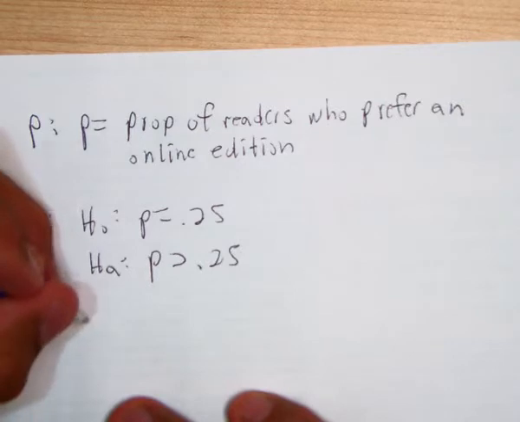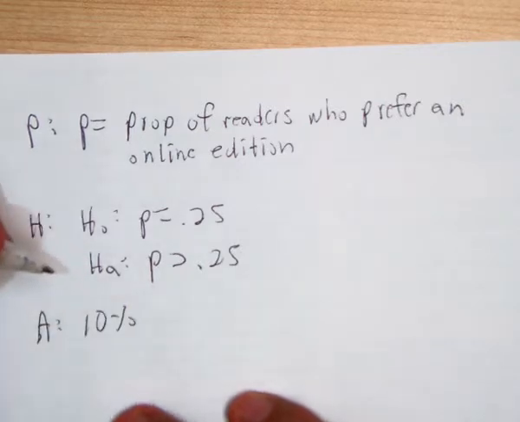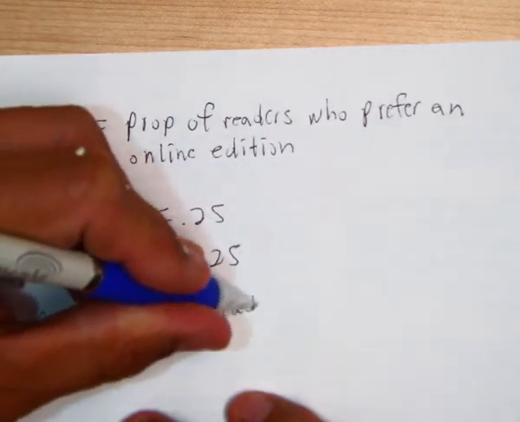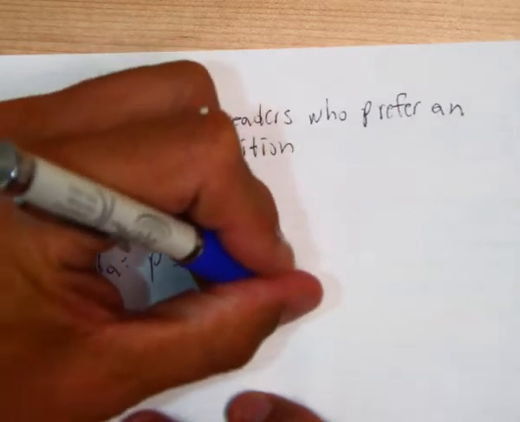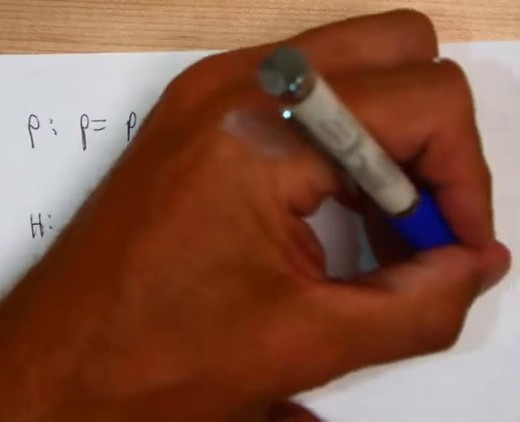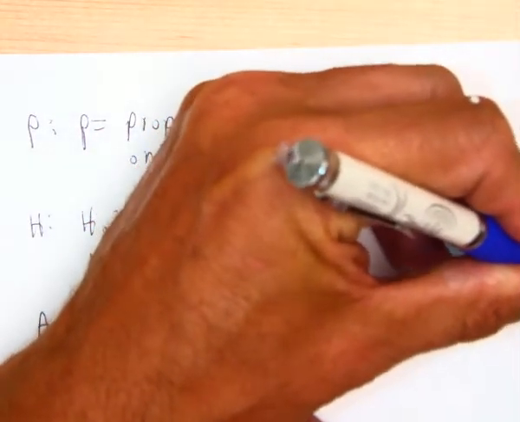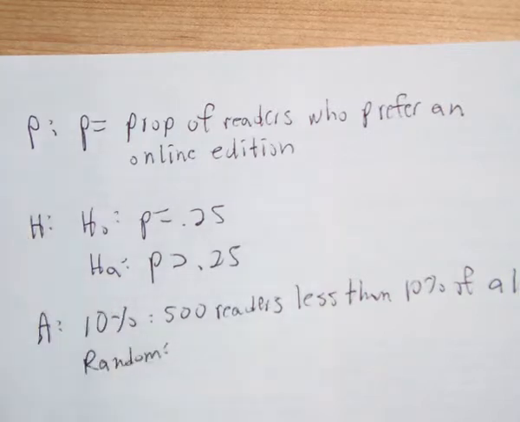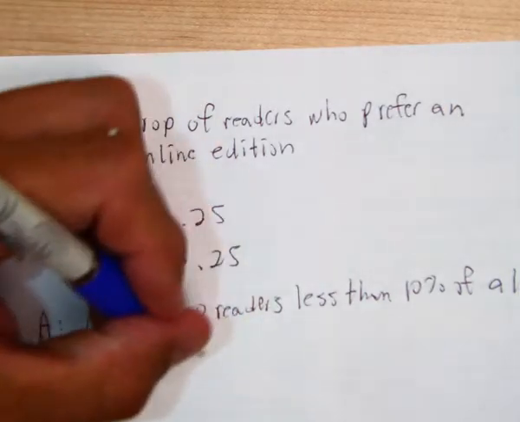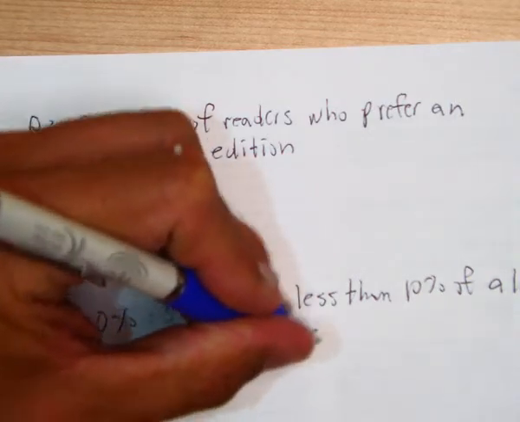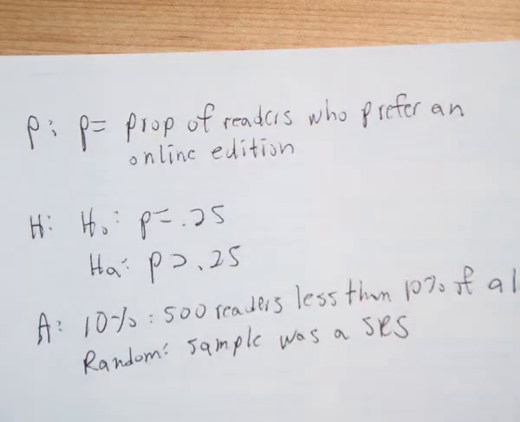Assumptions and conditions. For our 10% condition, 500 readers is less than 10% of all readers. Random: the sample was a simple random sample.